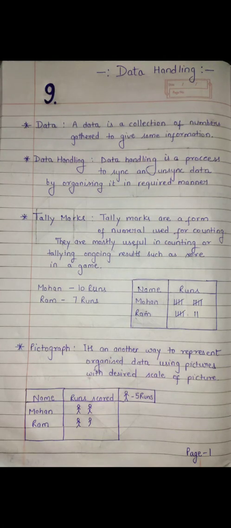Mohan scored 10 runs, so I have represented two persons to represent 5 runs each, which shows a total of 10 runs. And Ram scored 7 runs, so I have taken one complete person to represent 5 runs and a half person to represent 2 runs. That is equal to 7 runs. So this is the way we represent a pictograph. A pictograph needs a scale to represent, which makes its study easier and more comfortable.